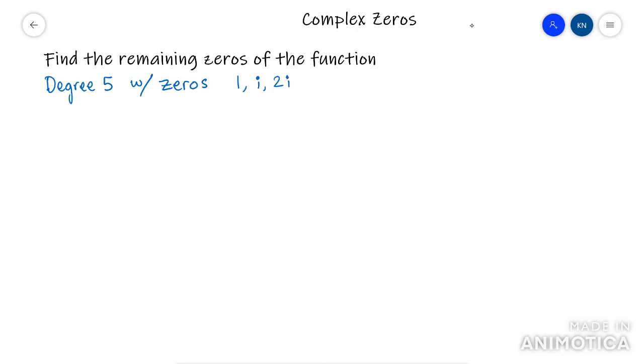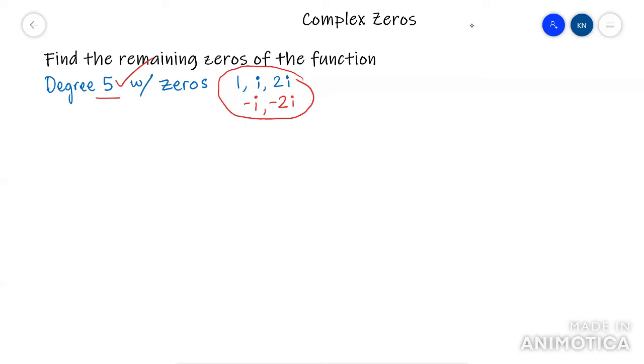It's degree 5. You have 3 of them right there. And I just told you anything with an i, just hit it with the negative version as well. And now look, I have 5 zeros, so it matches my degree 5, and I would be done. Those would be the remaining zeros, the red right here, negative i and negative 2i.